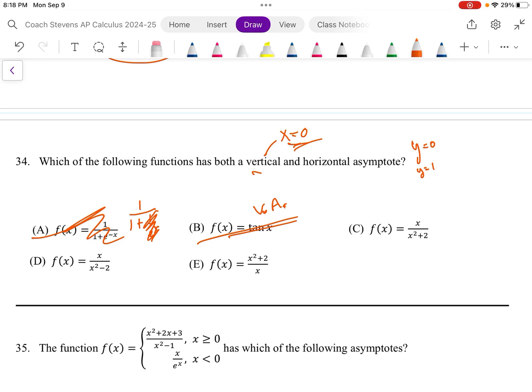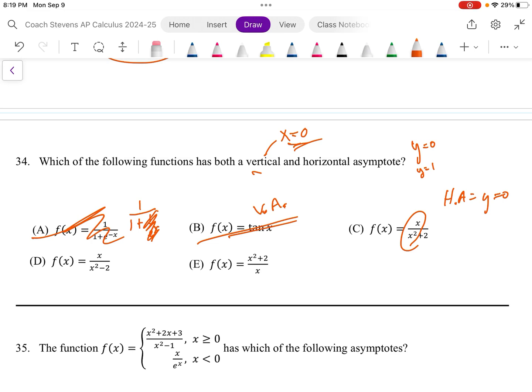Now, as I look at the next one, this one has a horizontal asymptote at y equals 0 because the degree on the bottom is bigger than the degree on the top. But since it's x squared, there's no chance of the bottom becoming 0.